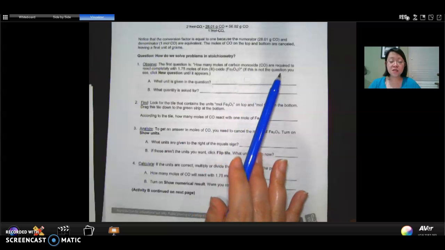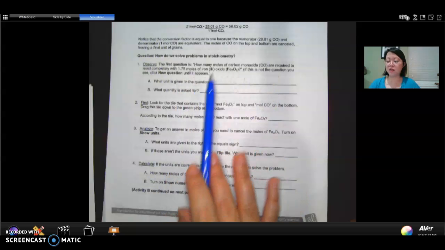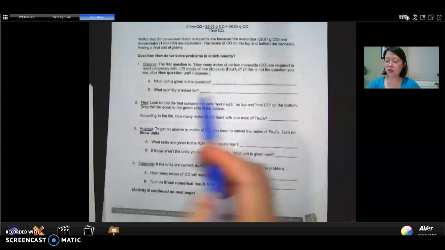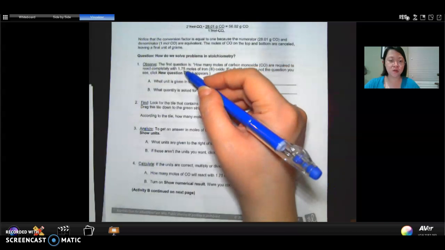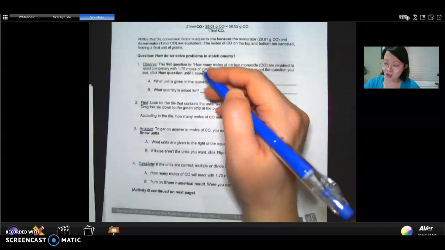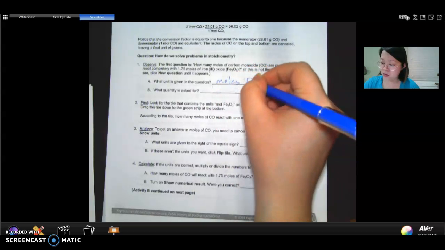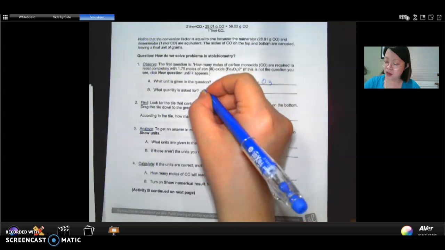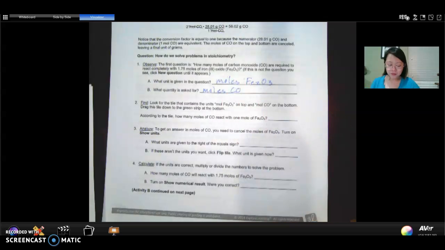If this isn't the question that you're seeing on your simulation, click New Question until it does appear. Looking at this first question, the unit given to us, and that's usually going to be the one with numbers, is moles of Fe2O3. And what they're asking us to find is moles of CO.